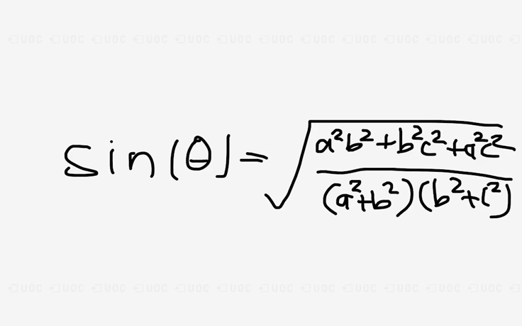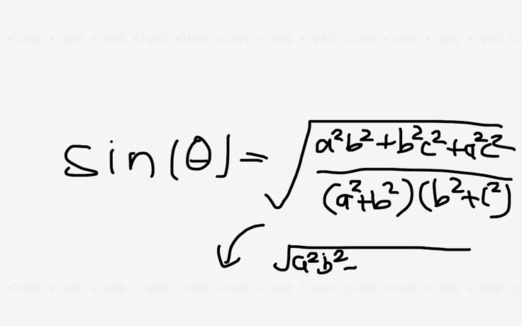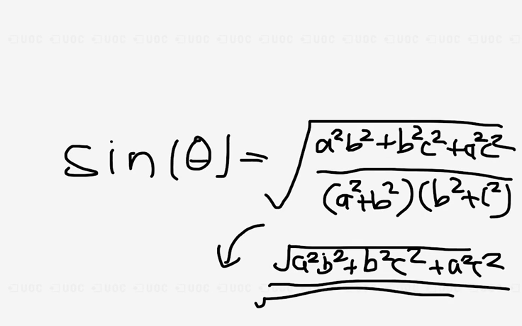Okay, so now what we can do is note that using the surds formulae, sine of theta is equal to the square root of A squared B squared plus B squared C squared plus A squared C squared, all over square root of A squared plus B squared plus C squared.